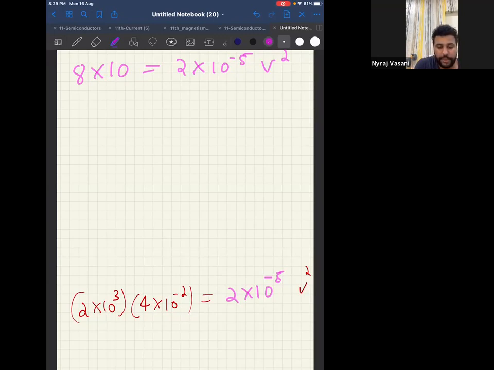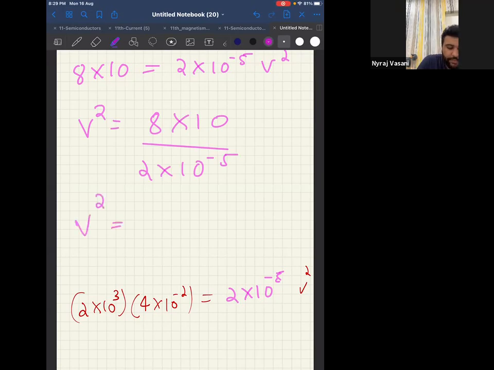So V square on one side. It will be 8 into 10 divided by 2 into 10 power minus 5. So V square will be 2 ones are 2, 2 fours are 8 into 10 power 6, correct? 10 power minus 5 on top will become 10 power plus 5, and 10 power plus 5 into 10 is 10 power 6.